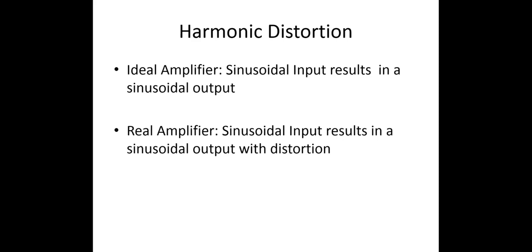Now when it comes to real amplifiers, we have non-linearities in the behavior of the transistors which make up the major portion of these amplifier circuits. Due to these non-linearities, the output contains distortion. So when you have a sinusoidal input, the output is a distorted sinusoid.